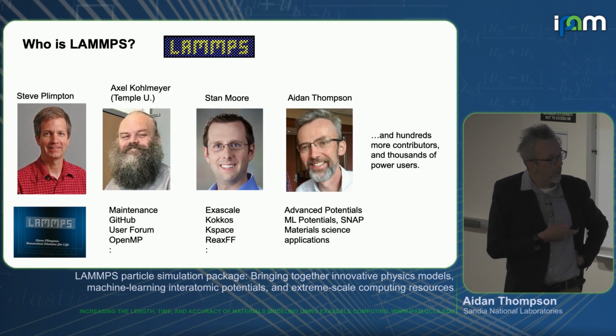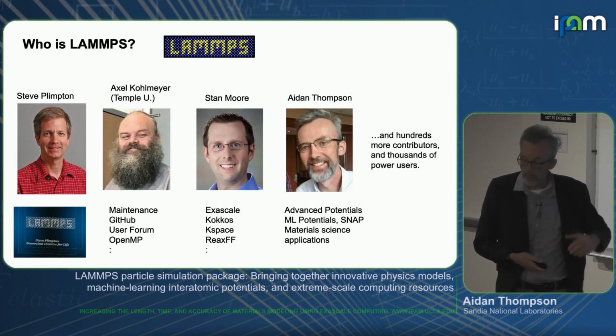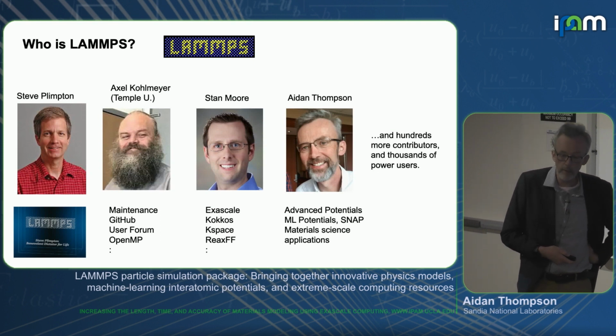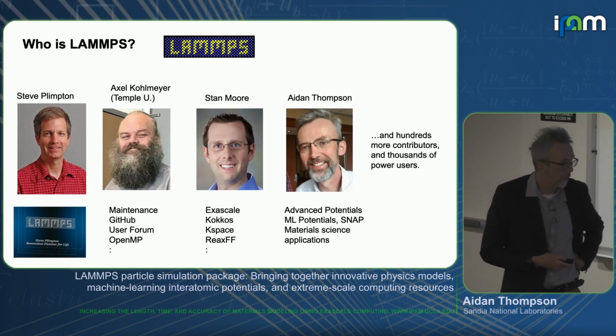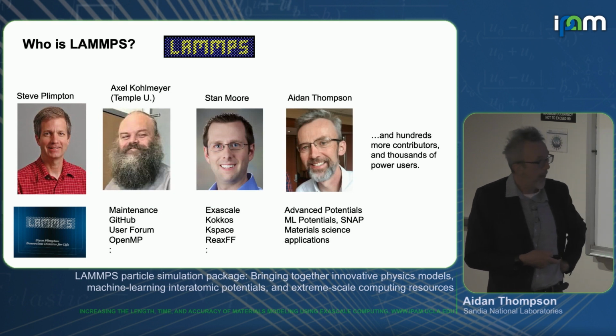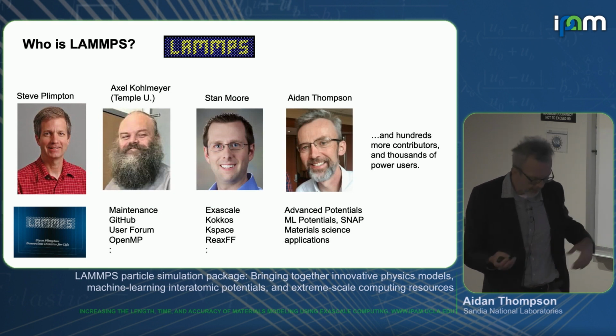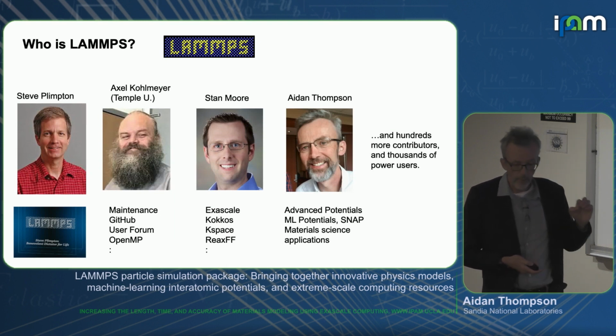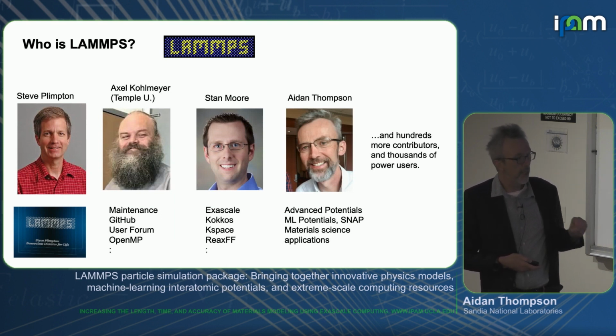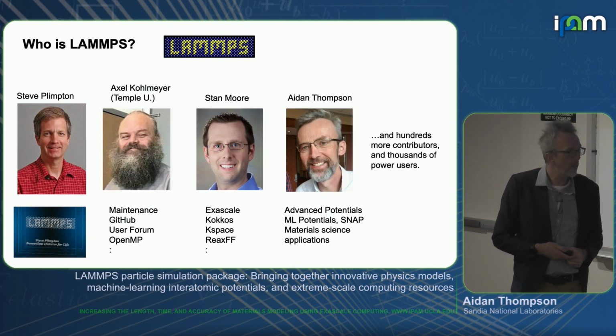Stan Moore, my colleague at Sandia, has done a huge amount of work on Exascale performance, and some of the stuff I'll show later was a direct product of a lot of his efforts over the last few years within the ECP project. And I have done a wide variety of things and keep my fingers in a lot of different pots, but my real interest is machine learning potentials, and how to make them better and better and faster.